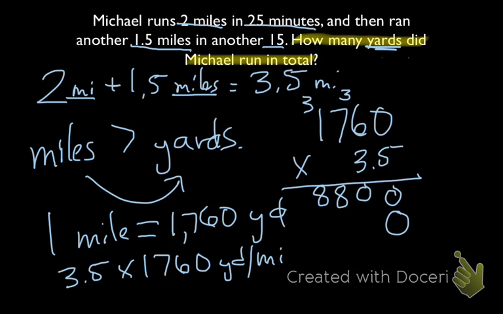Put a 0 here. 3 times 0 is 0. 3 times 6 is 18. Carry the 1. 3 times 7 is 21, plus 1 is 22. Carry the 2. 3 times 1 is 3, plus 2 is 5.